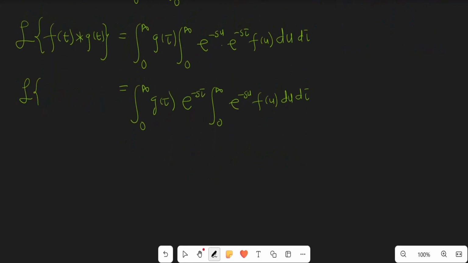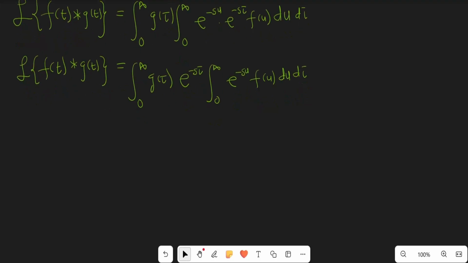So the Laplace transform of f of t convoluted with g of t is equal to this. Now I want to write this one first.